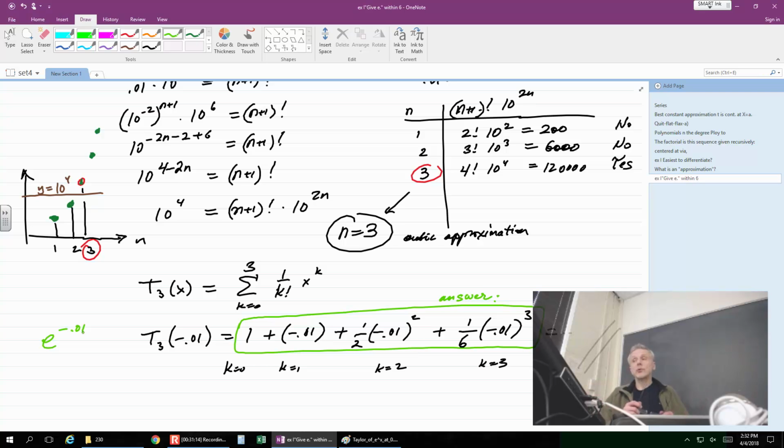So if I want to actually approximate e, what do I do? What is the function first? Well, it is e to the x, right? And at what value?